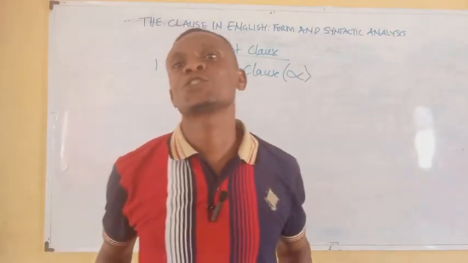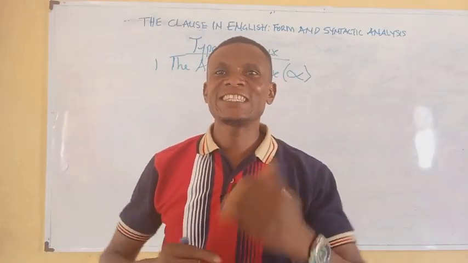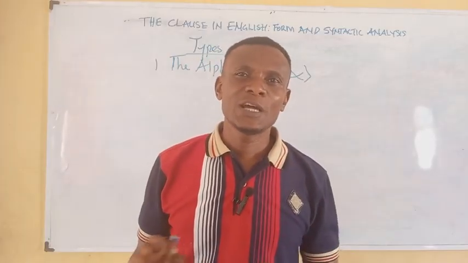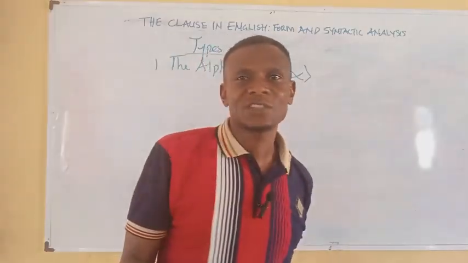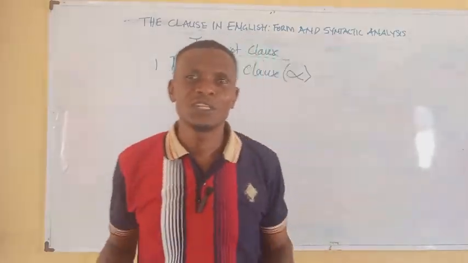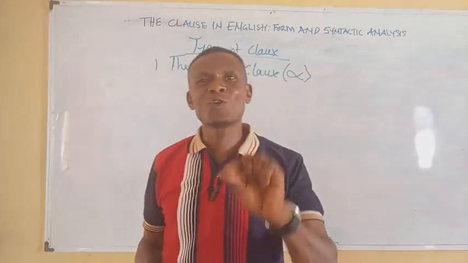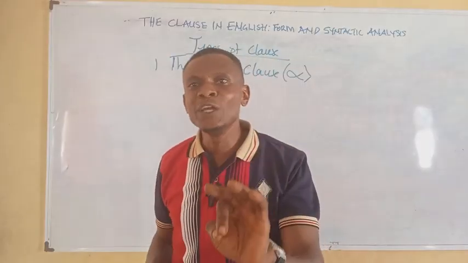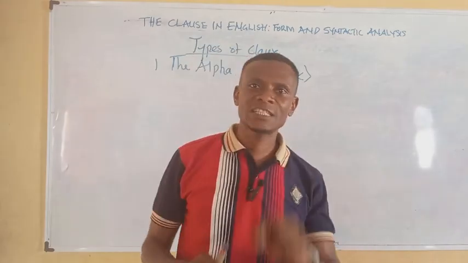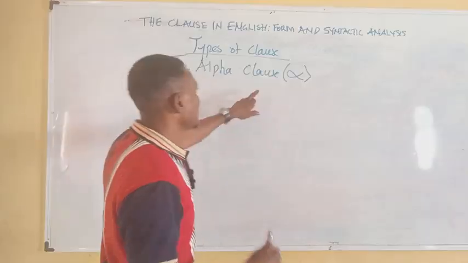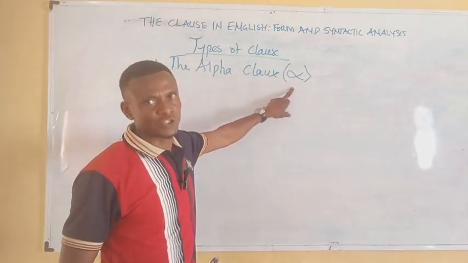Alpha clause is a clause that can stand on its own without being dependent on another clause. It can stand on its own and convey meaning and has a complete thought. That is an alpha clause for you, with the alpha sign we use to identify it.